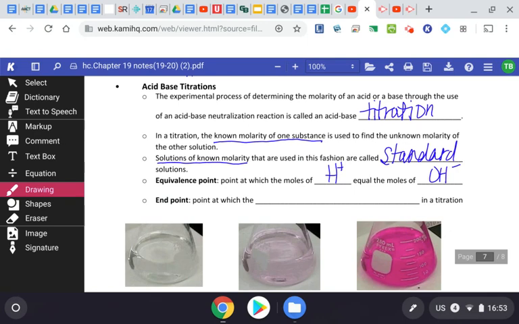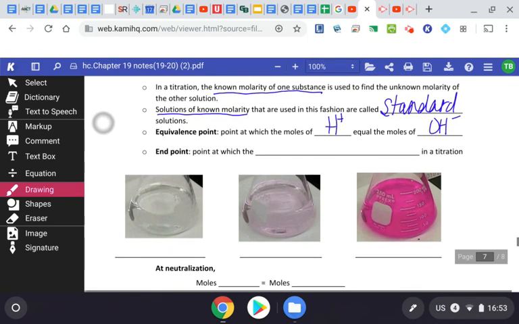Most of the time, if we were doing this lab in class, we would be finding something called the end point. The end point gives us a visual to know when the reaction is completed. It's the point at which the indicator starts to change color in a titration.